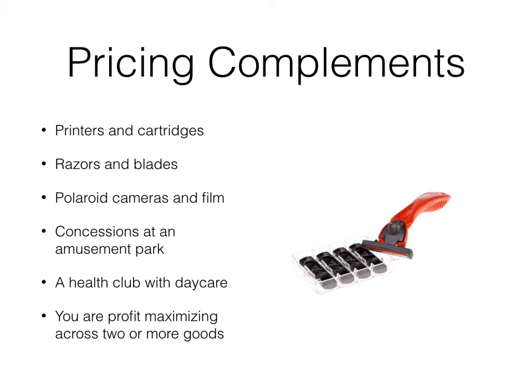In the case of substitutes, you want to raise the price in the more elastic, low markup market, and that drives people to the higher markup, more inelastic market. When you're pricing complements, you want to lower the price in the more elastic, low markup market, and that drives people to the higher markup, more inelastic market.